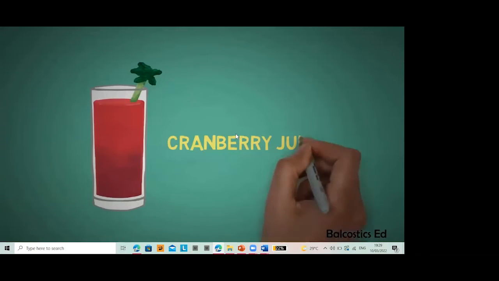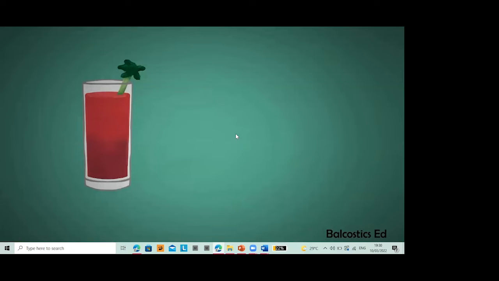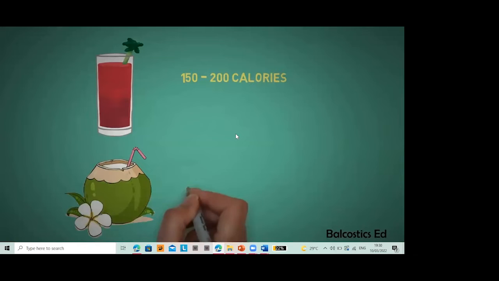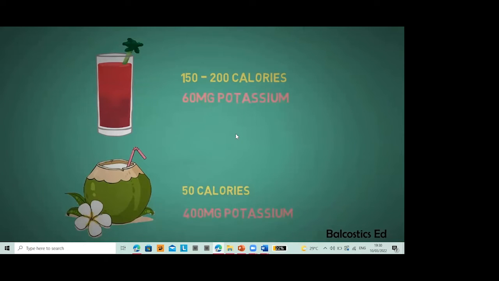Cranberry juice has become very popular because of its benefit to bladder health. But have you thought that similar benefits could be had from coconut water at less than half the calories and with appreciably more potassium? A glass of cranberry juice will provide about 150 to 200 calories, while the same glass of coconut water contains only 50 calories, while giving 400 milligrams potassium compared to 60 milligrams for cranberry juice.